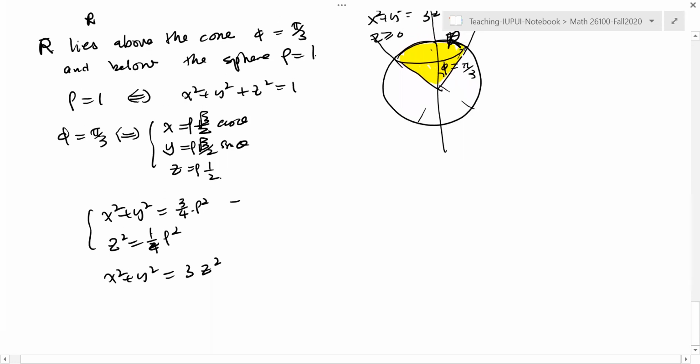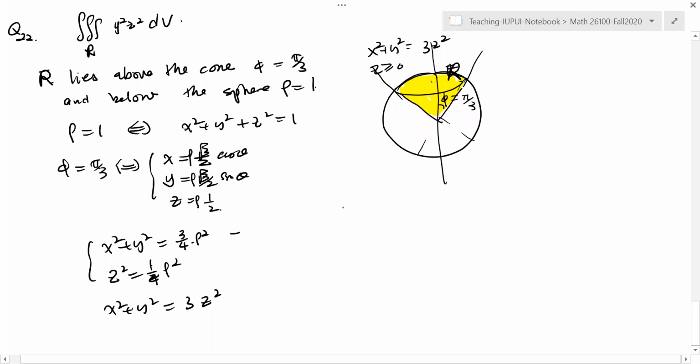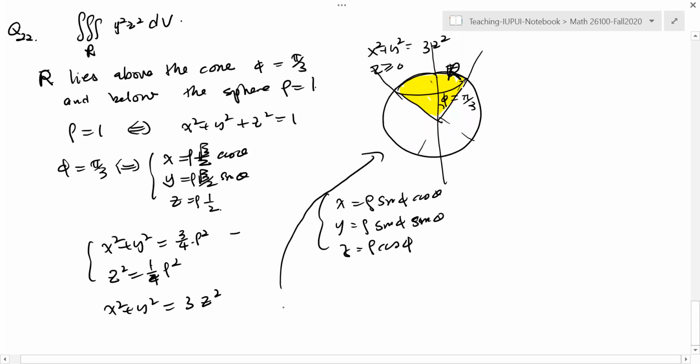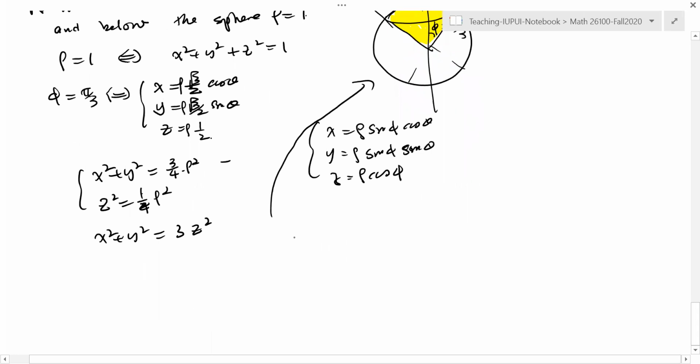So we're going to find, under this transformation, x equals rho sine phi cosine theta, y equals rho sine phi sine theta, and z equals rho cosine phi, the pre-image of the domain.